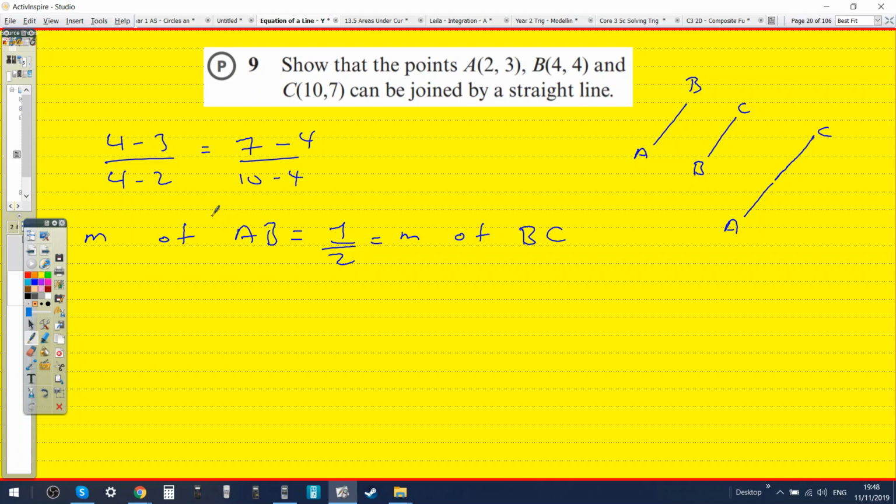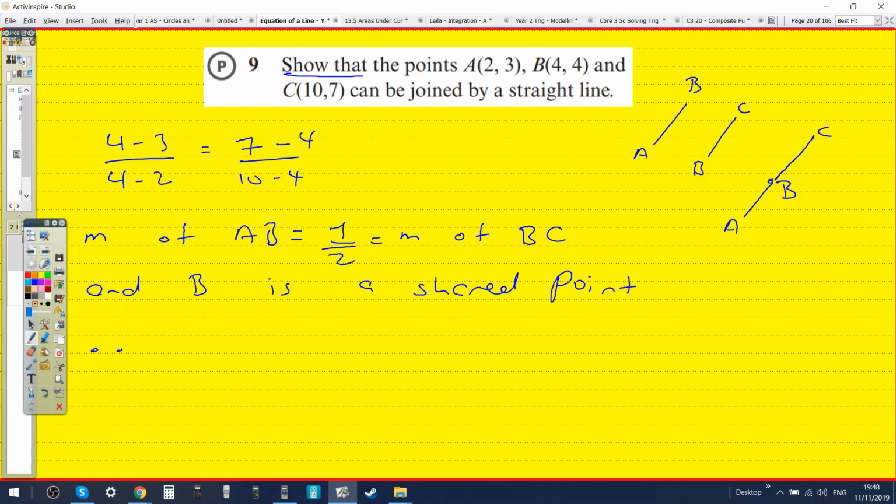B, yeah, B is in the middle. And so you have to say the gradient of AB is equal to the gradient of BC, and B is a shared point. It's a show that question.